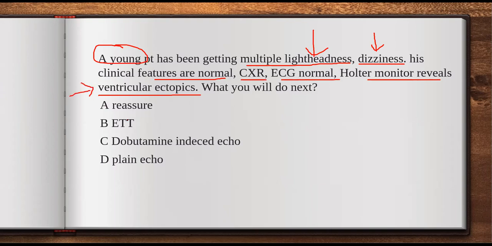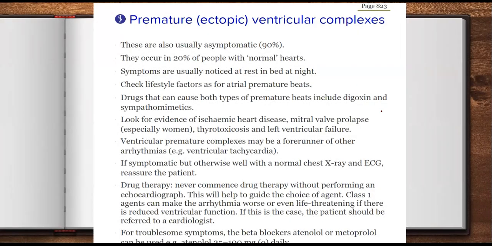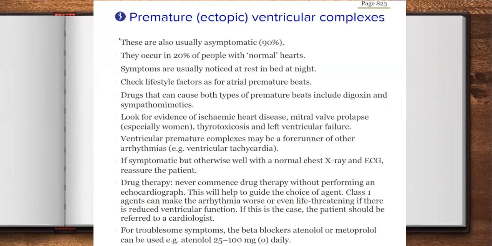Do you want to reassure? You want to do an exercise tolerance test, dobutamine echo, plain echo? Now look at ventricular ectopics from your notes. Ventricular ectopics are usually asymptomatic in 90% of cases, and can happen in 20% with just a normal heart.